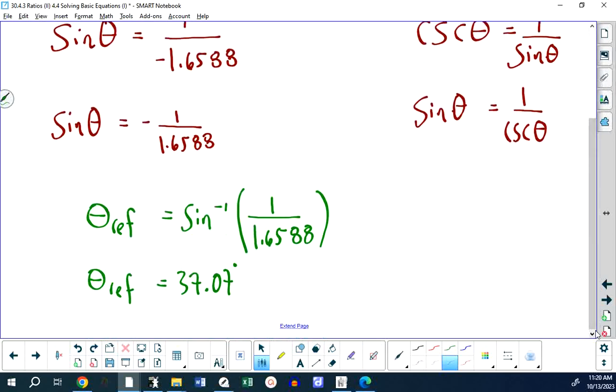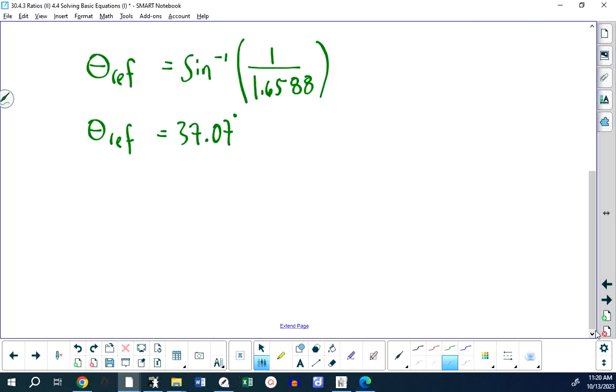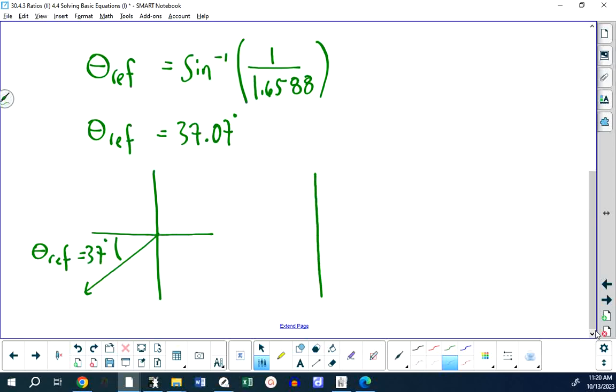So all we have to do to finish the question is do a little sketch of this reference angle in quadrant 3, and another sketch of this reference angle in quadrant 4. Notice again, I don't put arrows on there.